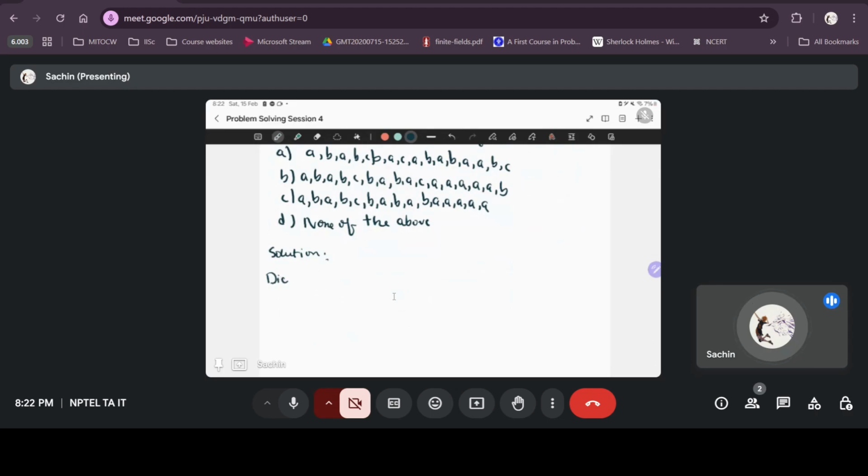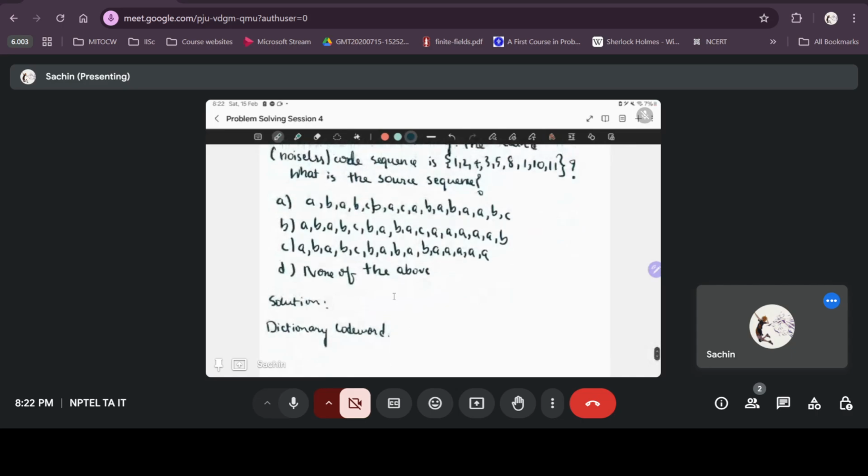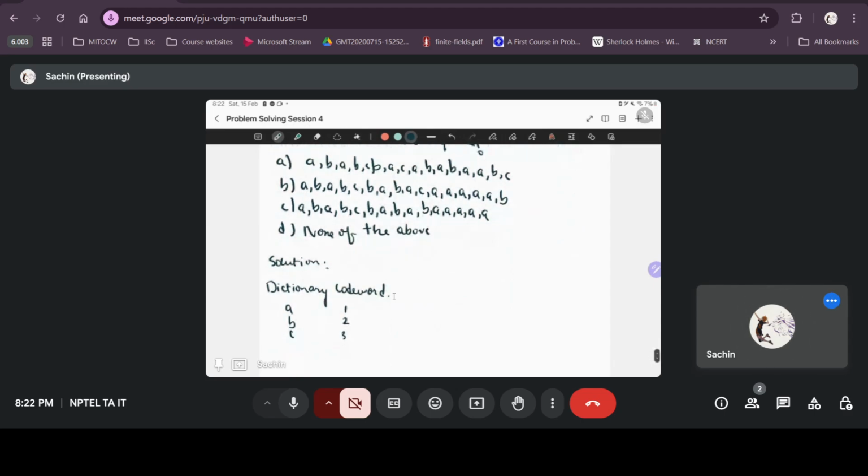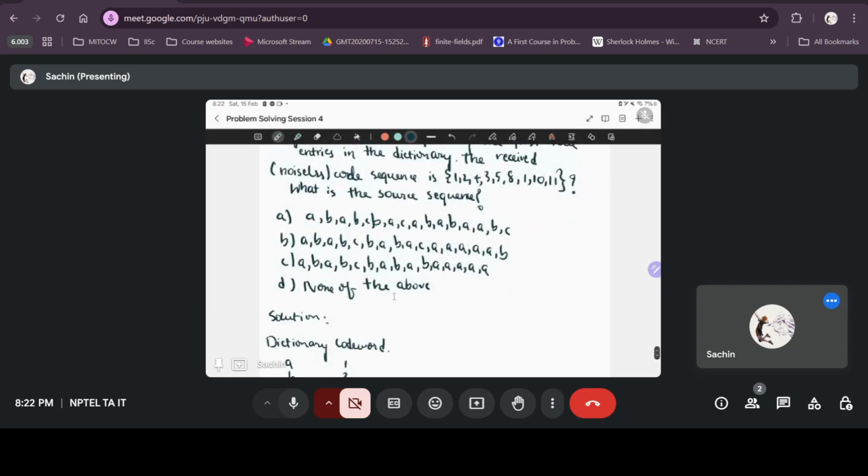So the dictionary and the code word I'll write down on the left side. You have A, B, C as code words 1, 2, 3. Received sequence 1, 2, 4, 3, 5, 8, 1, 10, 11.